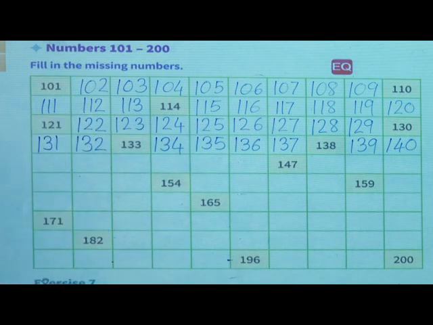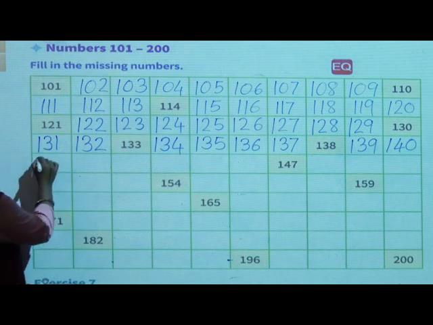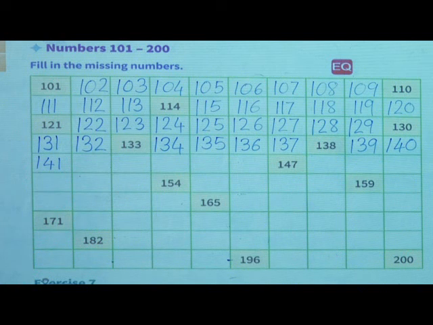Write down this, children. Now after 140 what will come? Yes, correct. 141. Write down this.